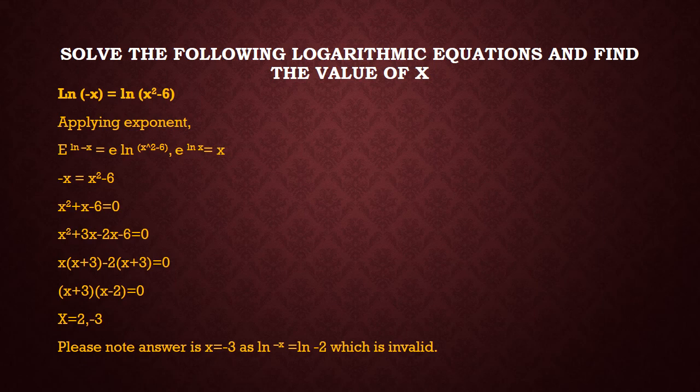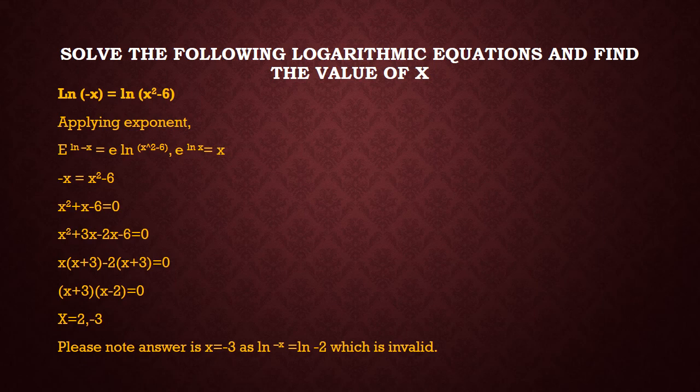You solve it further and you get x square plus x minus 6. This quadratic equation we have to solve further. For a detailed analysis or notes on quadratic equations, I encourage you to go to my guide and see the steps, and a comprehensive guide is there. It will help you a lot.